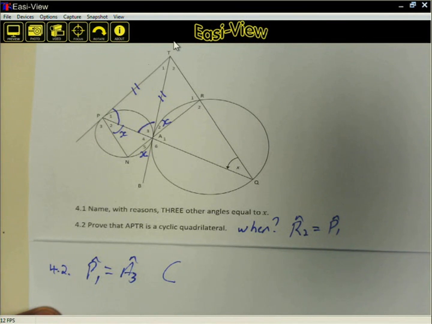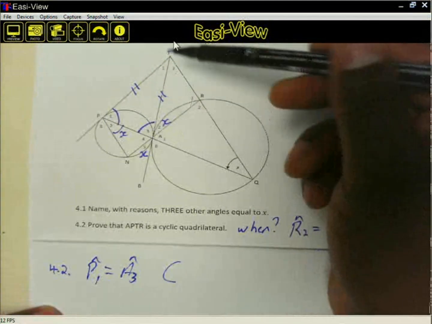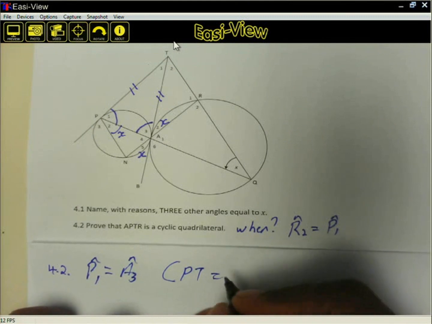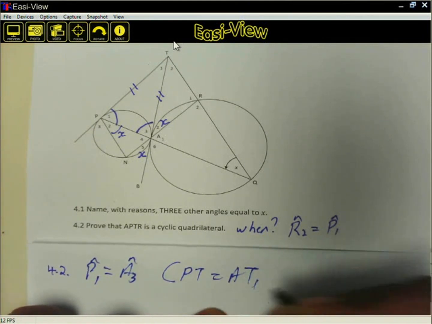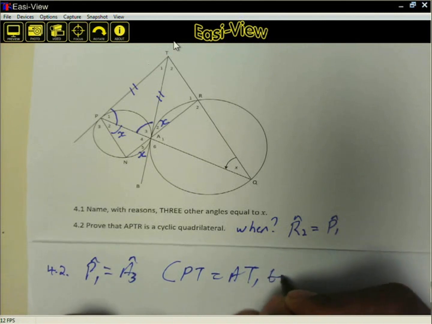P1 is equal to A3. Think of the reason. Because PT is equal to AT. That's the reason. PT is equal to AT, and that is according to a theorem that states tangents drawn from the same point.